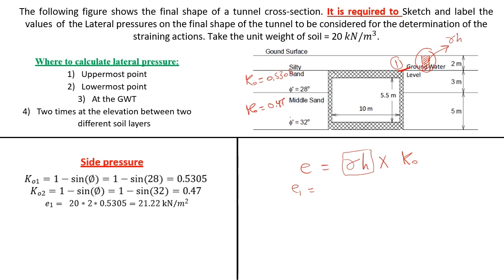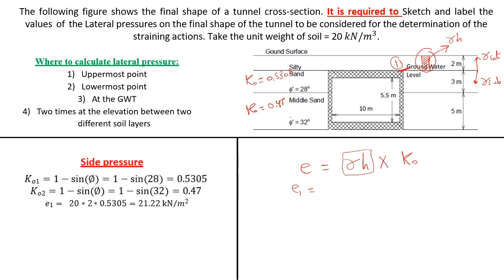As long as you are above the groundwater table, you will use gamma saturated, and as long as you are below the groundwater table, you will use gamma submerged, because you are calculating effective vertical stresses.